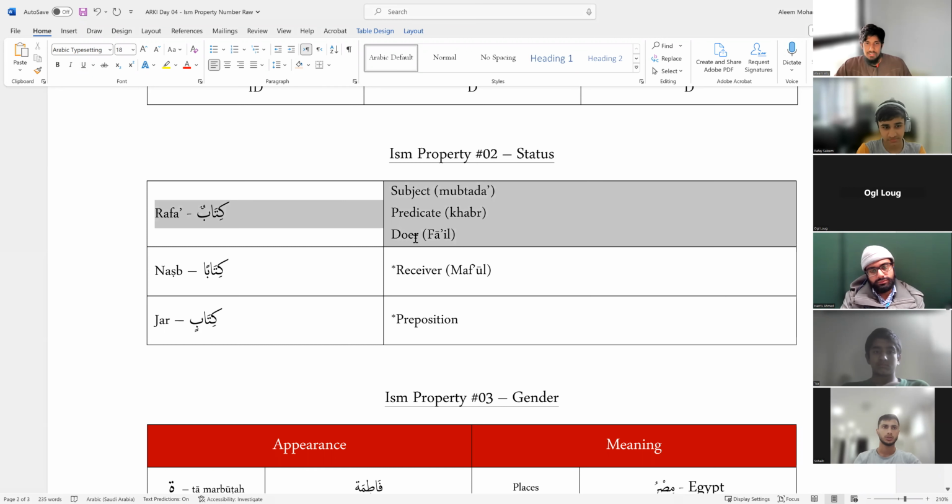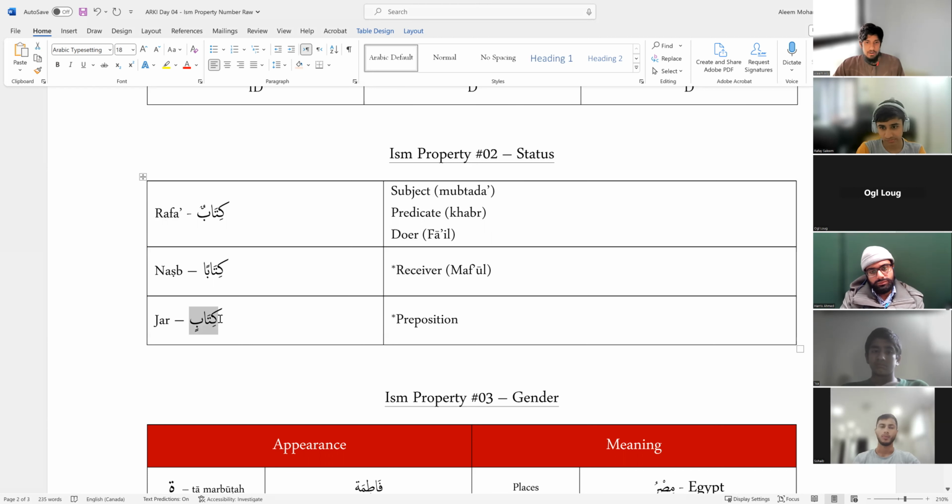And we said there's 3 instances that we know so far where rafa applies, and that's with the subject of a nominal sentence, a predicate, and the doer of a verbal sentence, right? And then for nasab, we've only looked at 1 instance right now out of like 12 in the entire language, which is the receiver or the maf'ul of a verbal sentence.